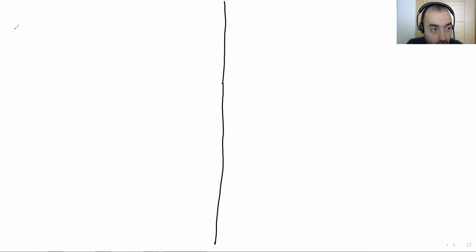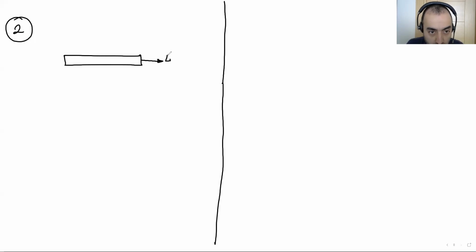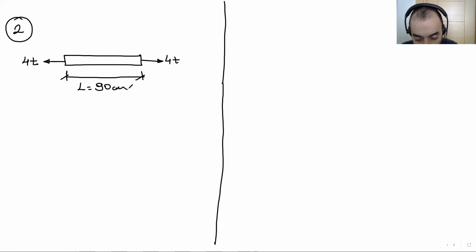I apply 4 ton to this member, and the length of the member is 90 centimeters.